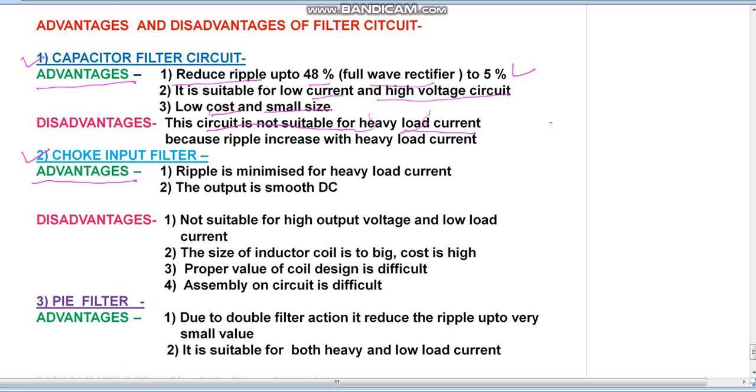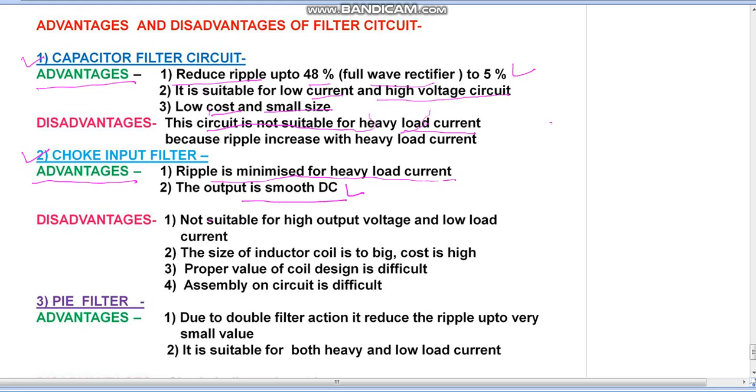The advantage of the choke input filter circuit is that ripple is minimized for heavy load current. For heavy load current, the output ripples are minimized. And the output is a smooth DC. That is the second advantage of the choke input filter circuit.